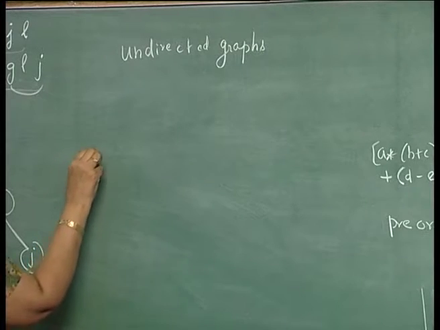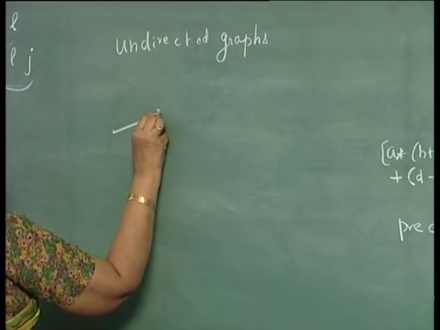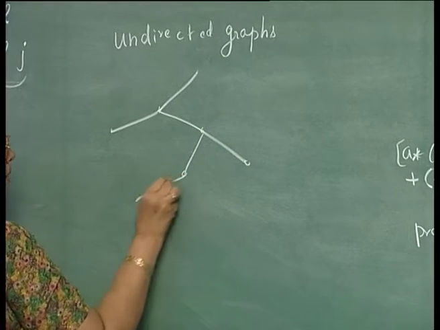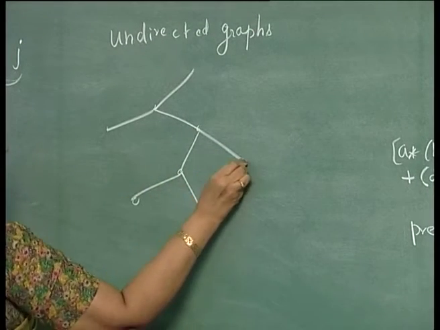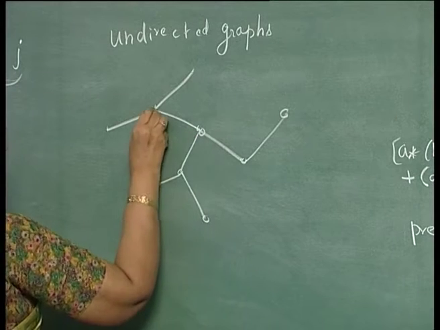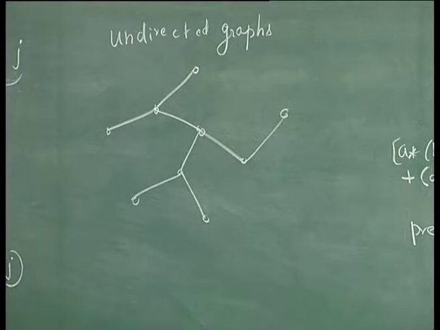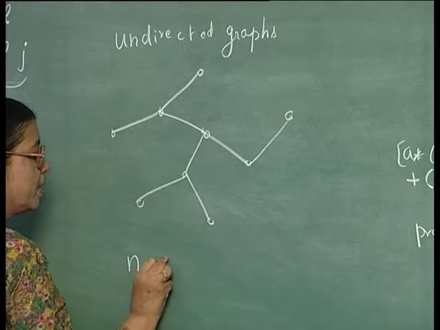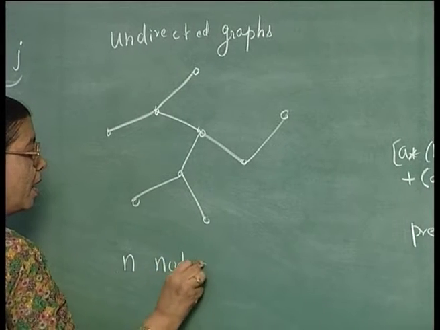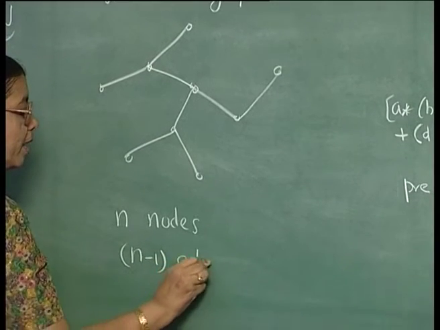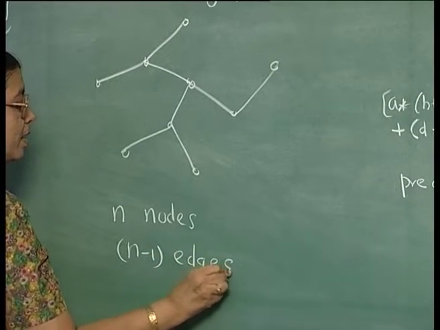A tree has no cycle. Something like this is called a tree in an undirected graph. Look at this. There is no cycle in this graph. Such a thing is called a tree. A tree with n nodes has n minus 1 edges. This also you can very easily see.